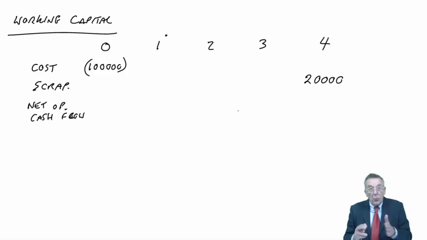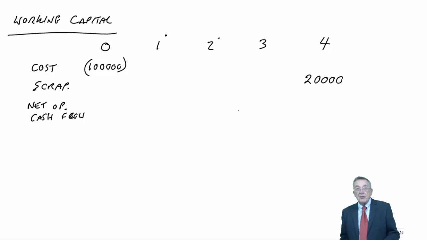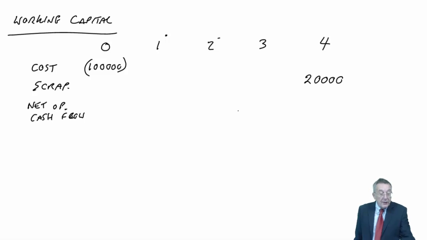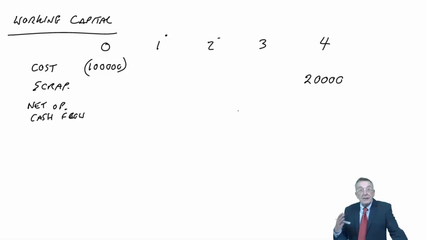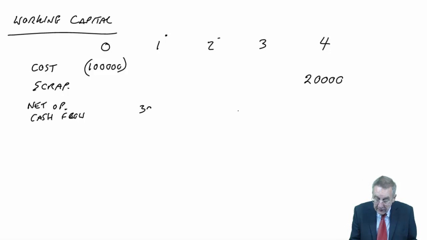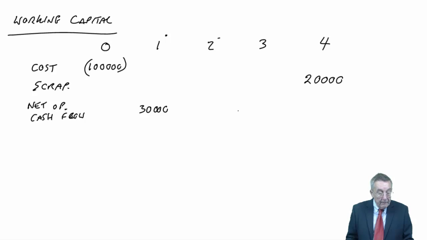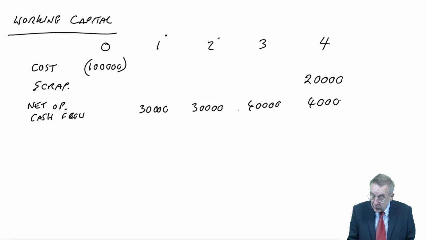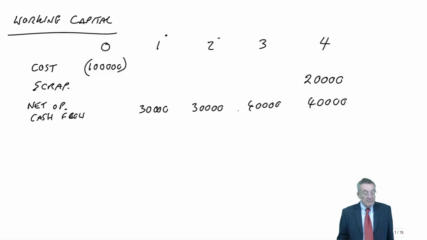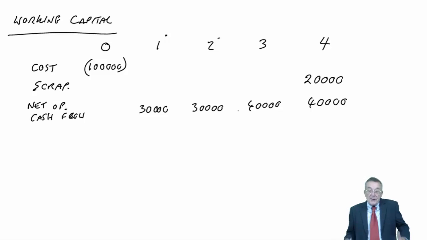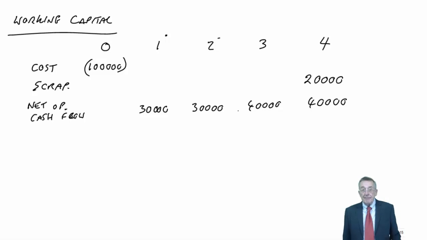So time 1 is 1 year from now, time 2 is 2 years from now, and so on. Well, if we get 30,000 in the first year, and if we receive it at the end of the year, there's an inflow of 30,000 in 1 year's time, 30,000 in 2 years' time, 40,000 in 3 years, 40,000 in 4 years. So no problem, a nice simple example. We're listing all the cash flows each year.